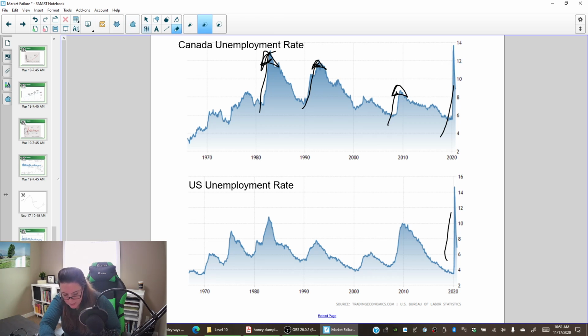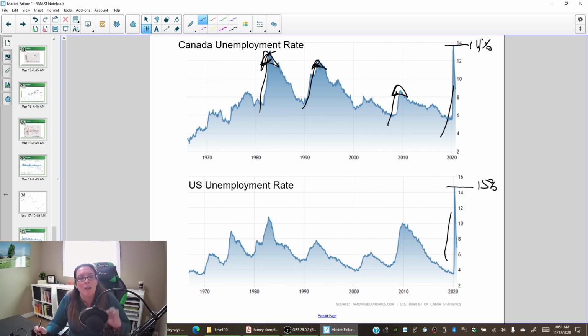You'll notice that in this case, the US is sitting at about 15% unemployment. We're just under 14%. There is a 1% difference in the way that it's calculated. So if you want to compare the two, you have to make a 1% adjustment to the way we do the calculation so that you can compare them. But we'll talk more about that in macro.